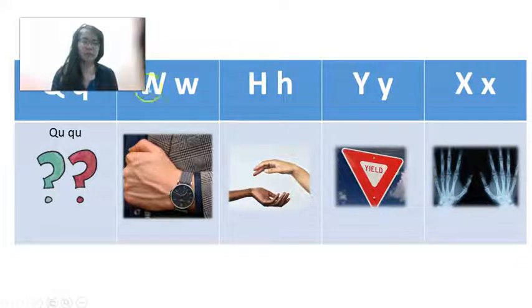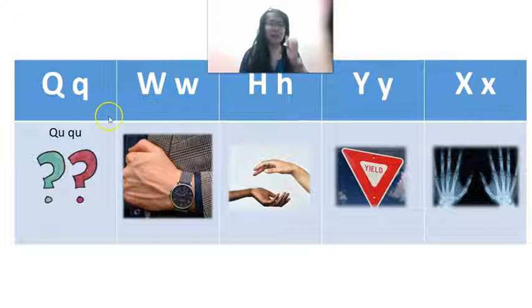So, to review our 5 letters that we learned, I know it was a lot. This is Q. Q says qu, like question. This is W. W says w, like watch.